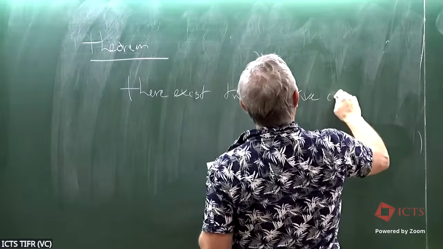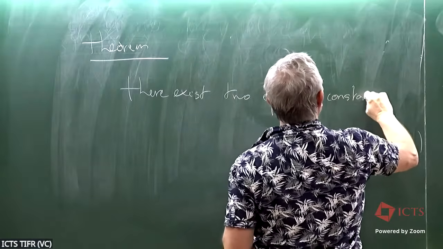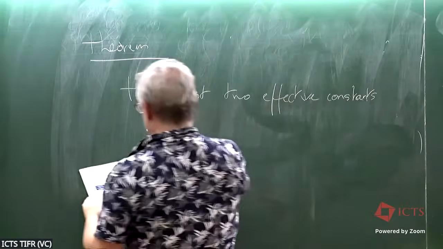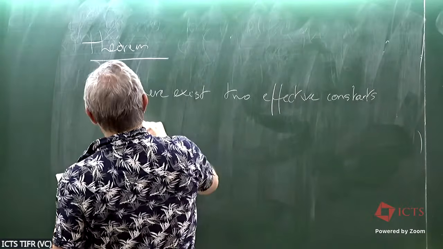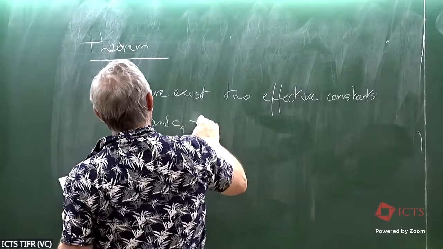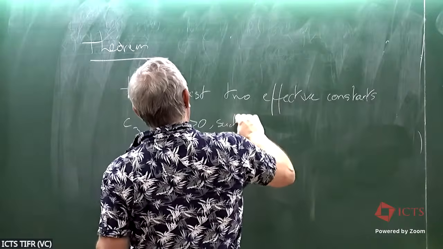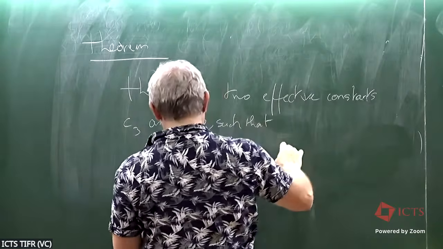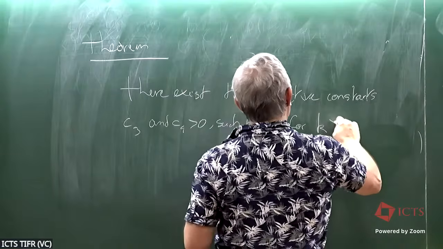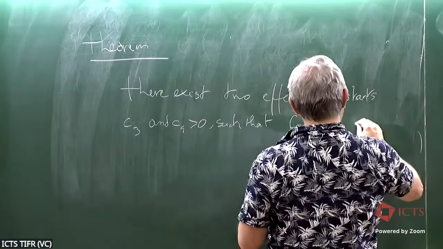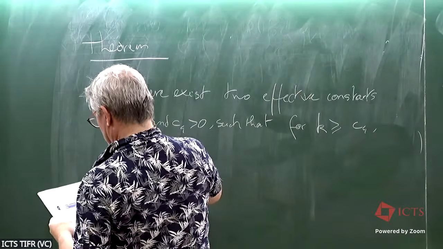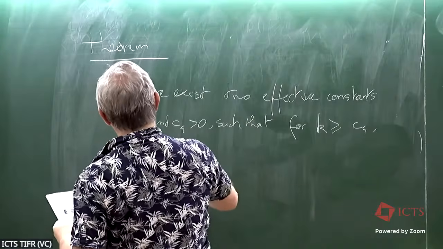It's only if you understand why I put that it's interesting. If you don't see why, just forget it. C3 and C4 positive, such that, oh, I made a mistake here, for K larger than C4, the following conditions are equivalent.